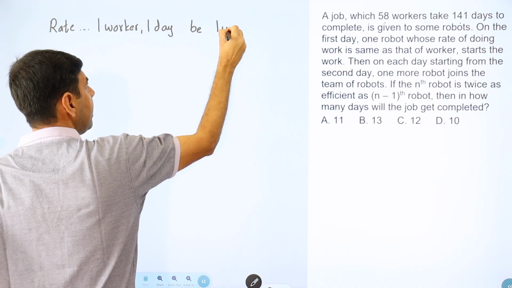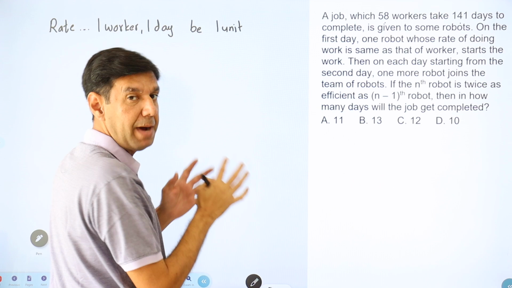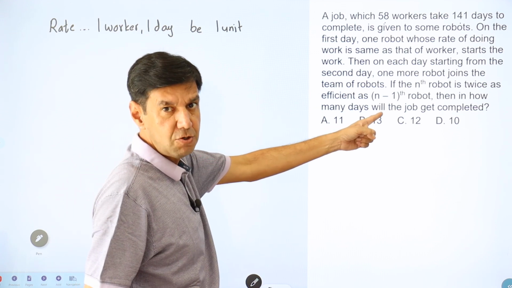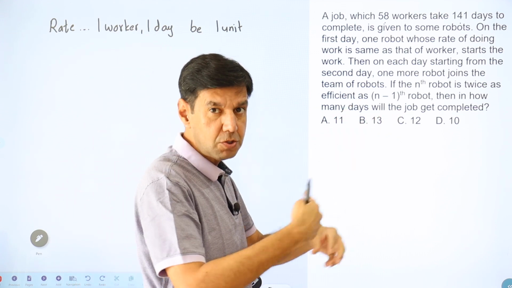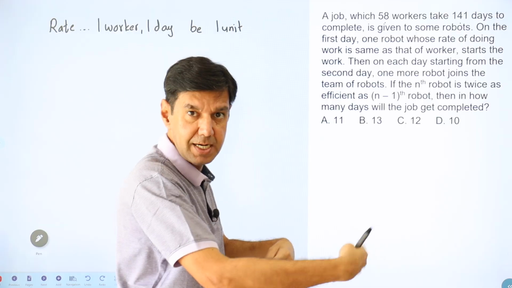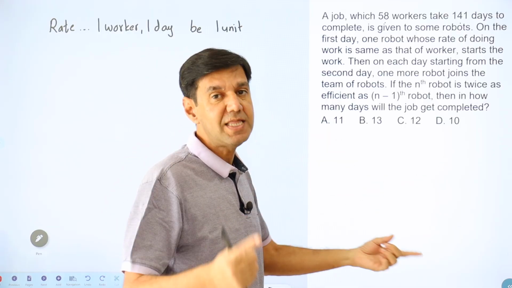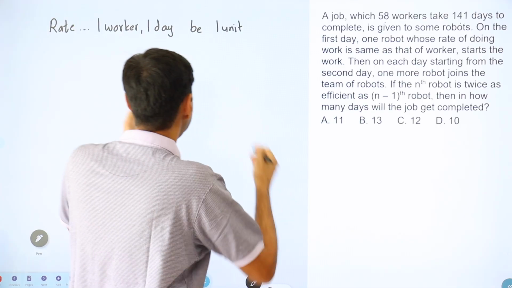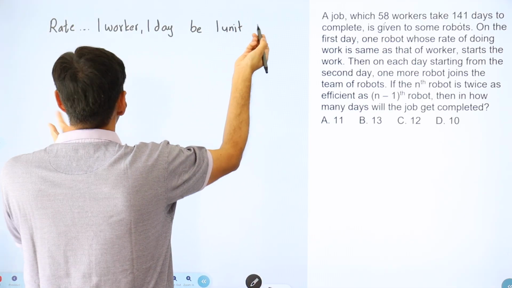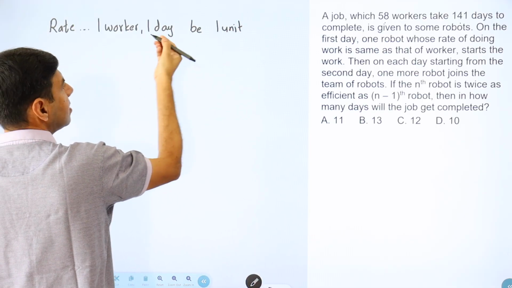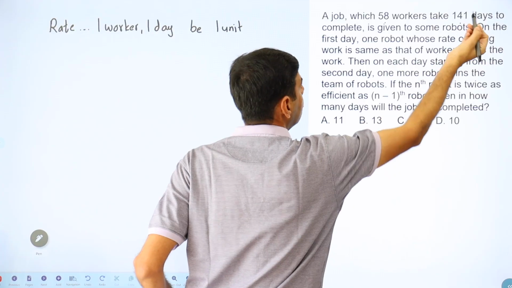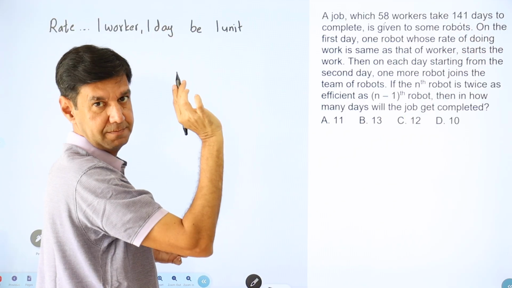So why am I getting into this and not just doing man days? I have explained, because when I do man days, the robot who is coming in later is more efficient, right? So he will be many more men than just one man. So instead of that, let me just make him do more units. So the work is very simply 58 into 141 units.